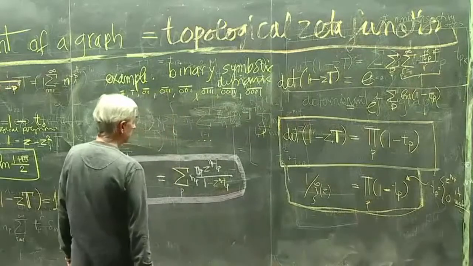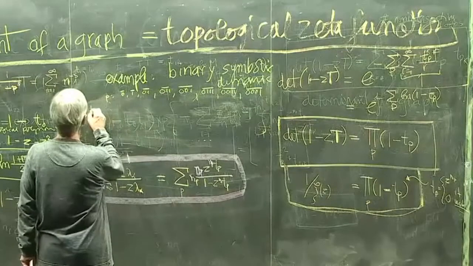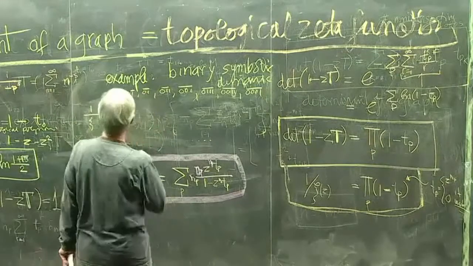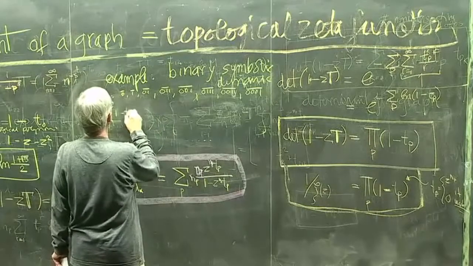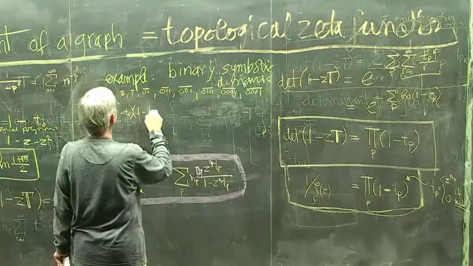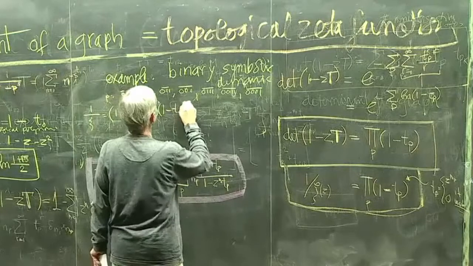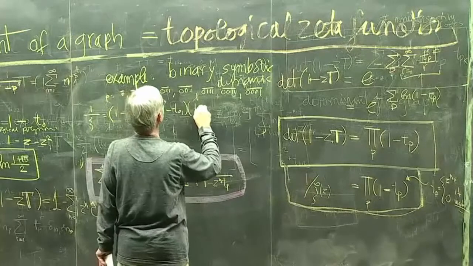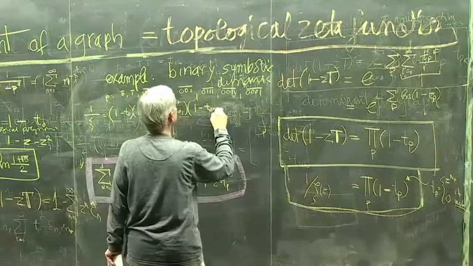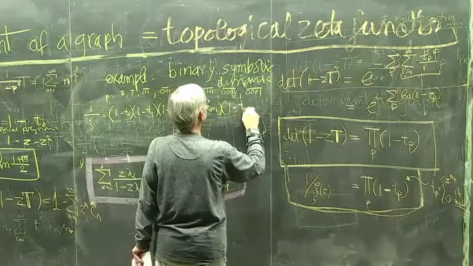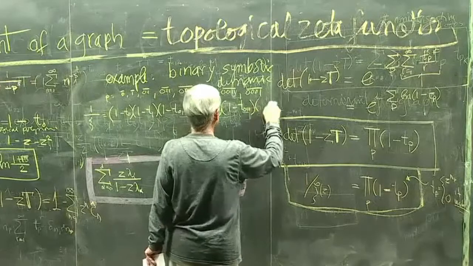One way to make sense of it is to multiply it out. So what it is, it's 1 minus t0, 1 minus t1, 1 minus t01, just writing what you have there, 1 minus weight of the 2 cycle, 1 minus weight of the 3 cycle, 4 cycles, etc.